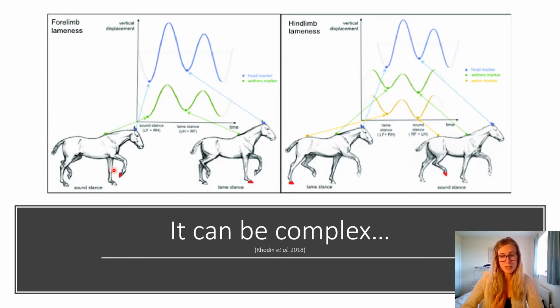So what we like to say is down on sound. This is a simple forelimb lameness, and what they're trying to do is take the weight off the painful limb and put more weight onto the non-painful limb. So they'll have their head slightly more raised during the stance of the lame limb and slightly lower in the stance of the sound limb. And that's a simple forelimb lameness.